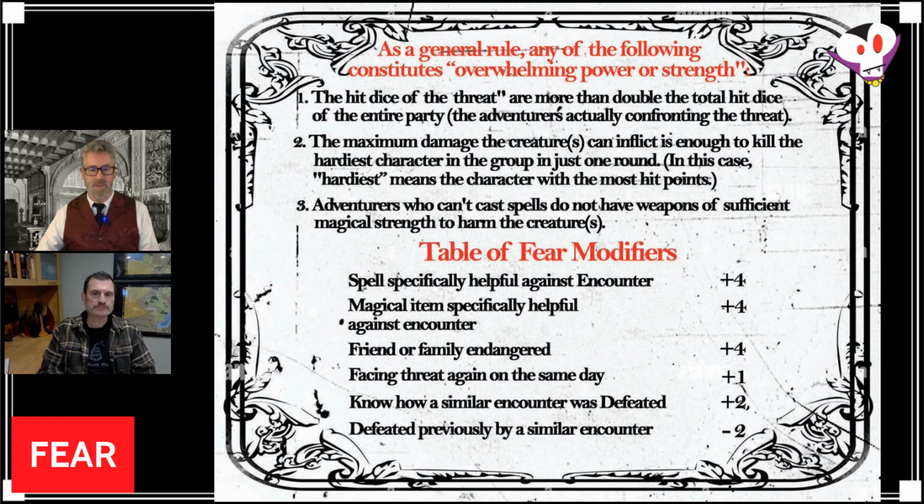So what happens is that if you are confronted with such a situation in which fear comes into play, you have to roll a saving throw versus paralyzation, and your resistance bonus for high wisdom comes into play. Yep.